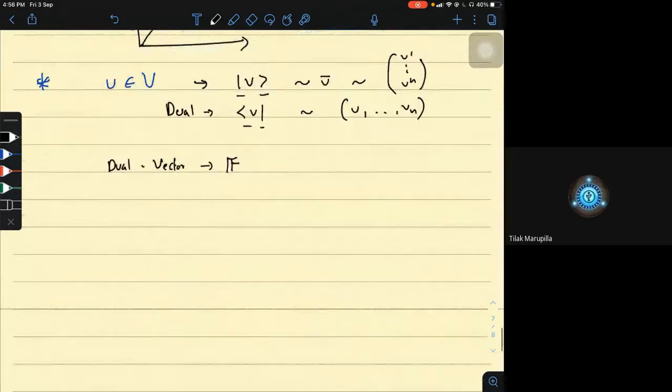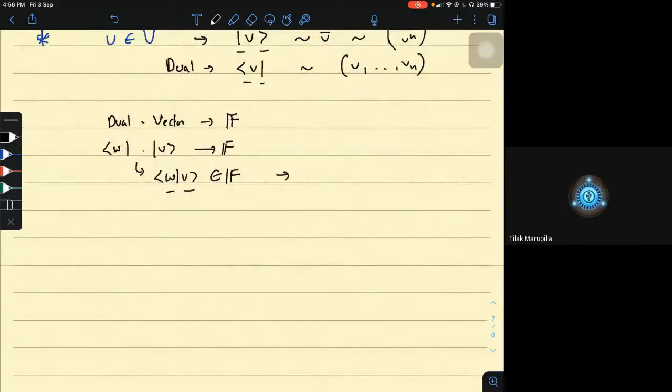Let's take, say, W in the dual space times V. This should be a scalar, so it is notationally reduced to this notation. I'm multiplying a dual vector with a vector, and this belongs to the scalar field F.